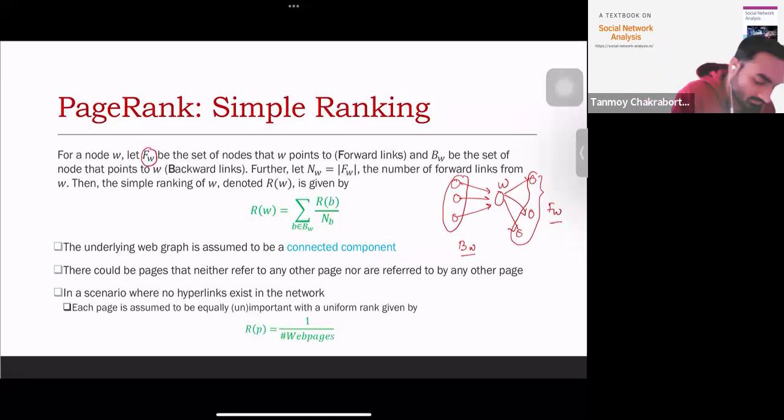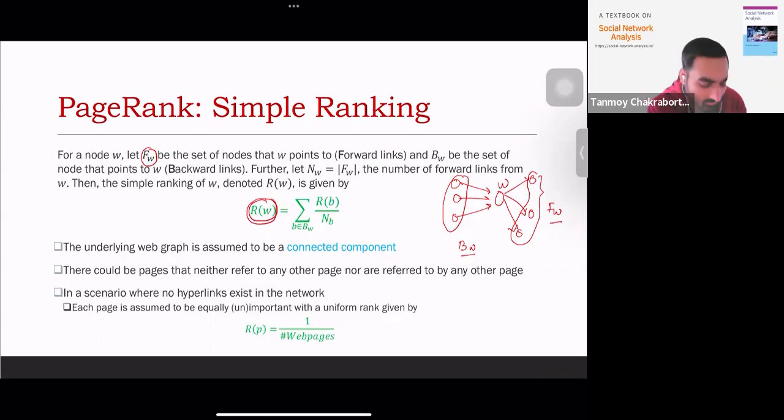Okay, so now this is very intuitive that if we just follow hyperlinks and keep moving from one page to another page through hyperlinks, right, in order to quantify the impact of a page W, the impact or rank of a page W, RW, is defined by all the backward neighbors, right, which are pointing to W, so BW, right?